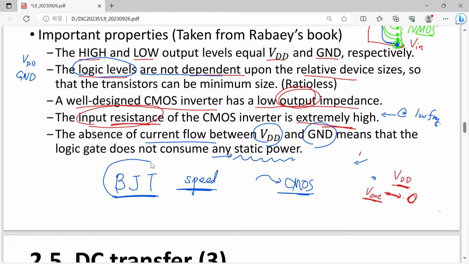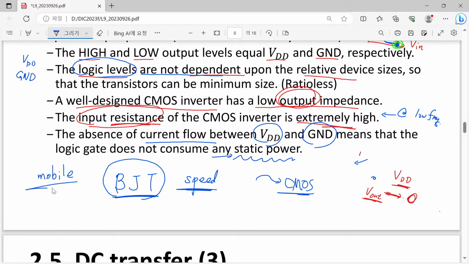Because this BJT technology has some non-zero static power consumption. It means that although you don't perform anything with this device or circuit, your circuit just consumes energy, which is not good for this mobile era.